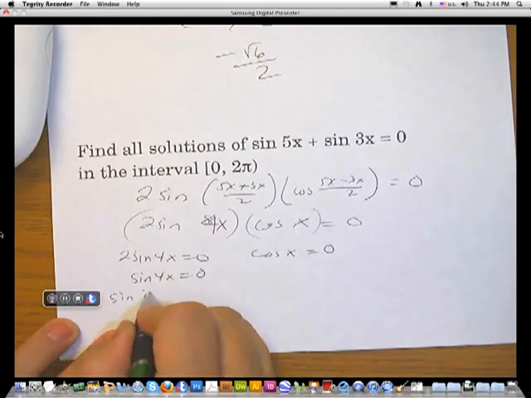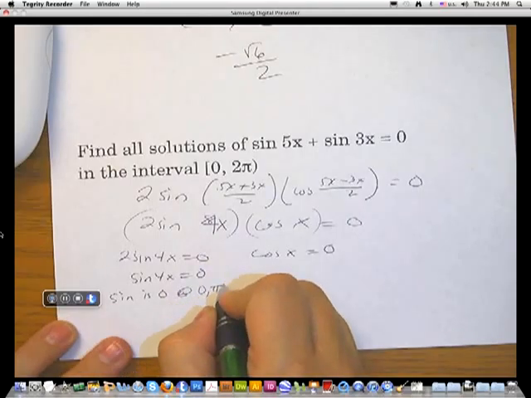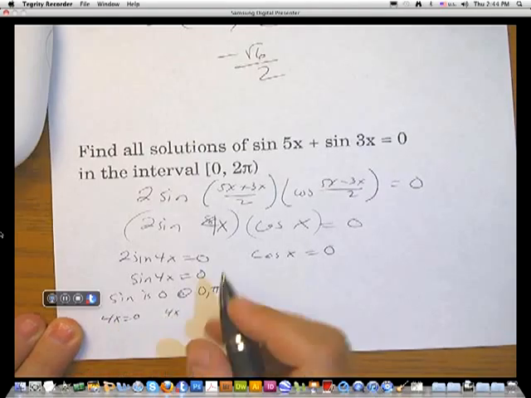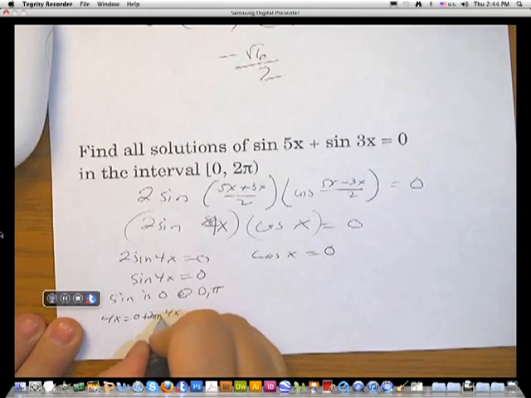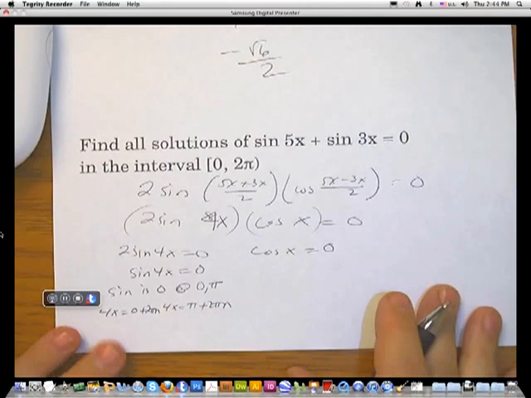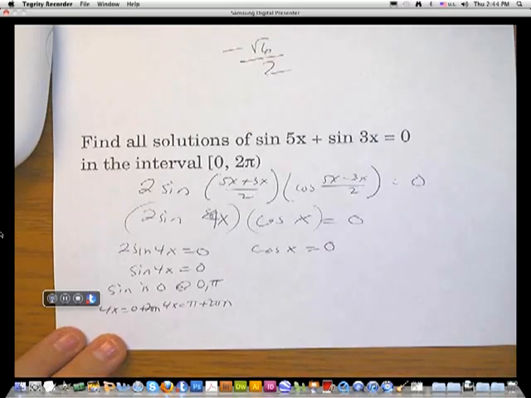Well, sine is 0 at 0 and pi. So that means 4x is 0 plus 2 pi n, and 4x is pi plus 2 pi n. Because we're trying to get all of them.